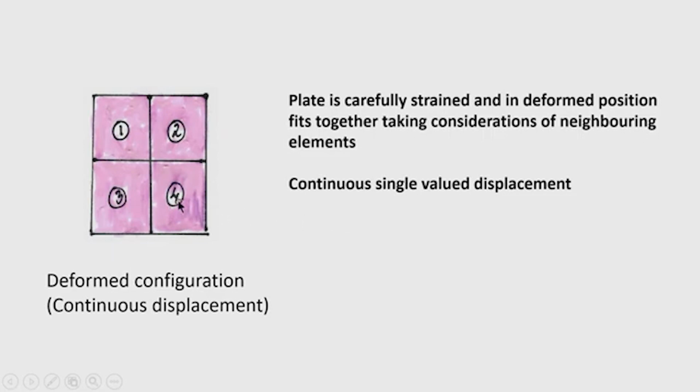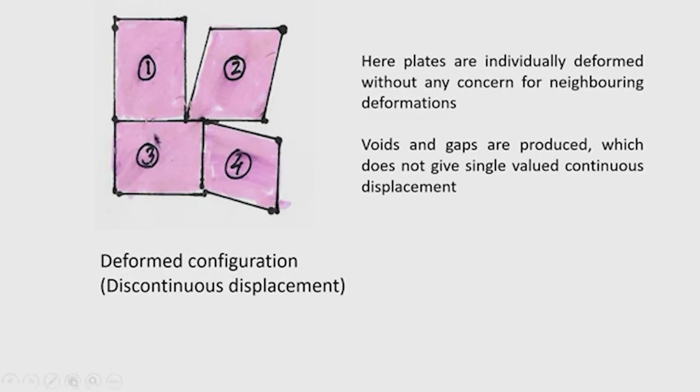Now, if the compatibility is lost or continuity of the deflection is lost, you will find that the individual elements are displaced without any concern for the neighboring elements. So, there is a formation of gaps and voids in the domain or in the continuum.